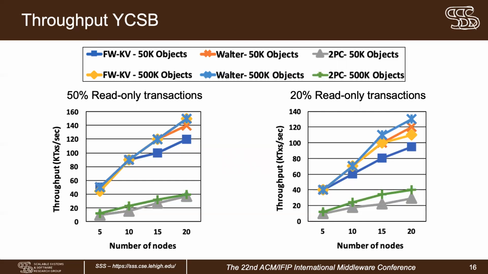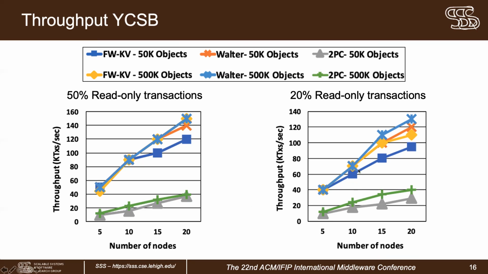As you can see in the plots, up to 10 nodes, the performance of FWKV matches the performance of Walter. But when the contention increases, the gap between FWKV and Walter also increases. This gap is because of 2 reasons. First, FWKV goes through more synchronization steps. Second, the size of the version access set increases when we have more contention.